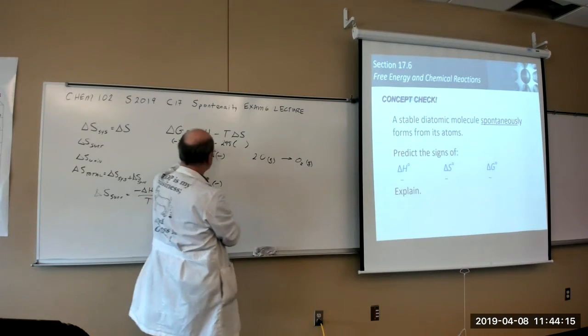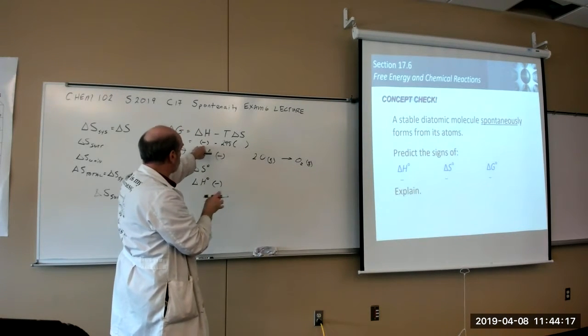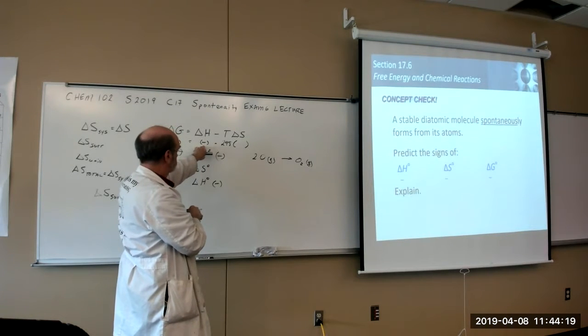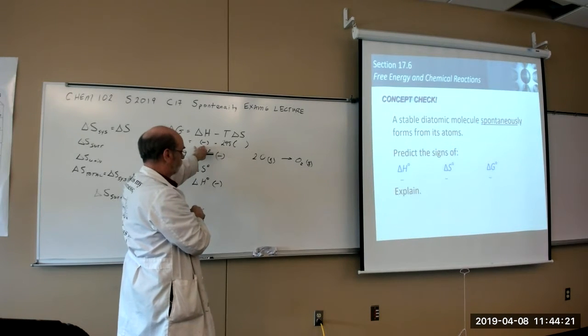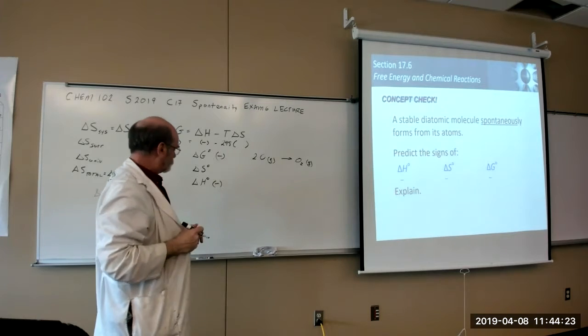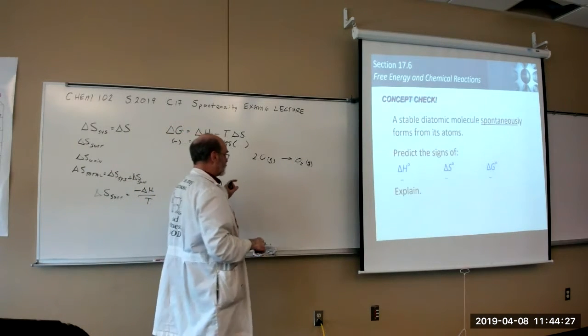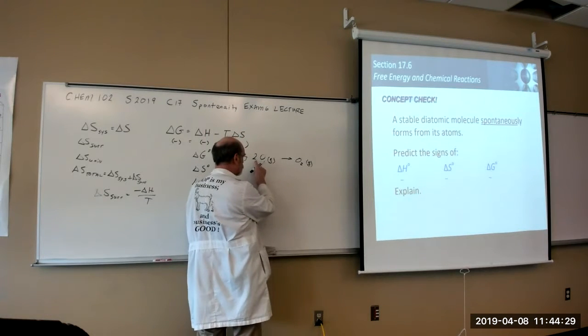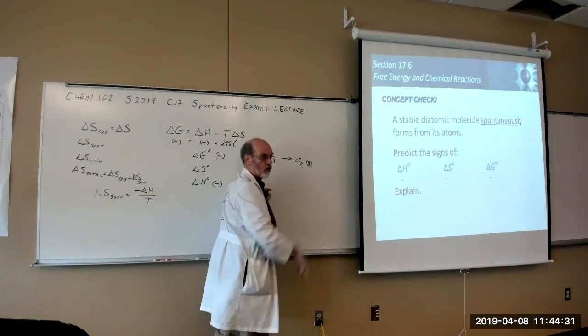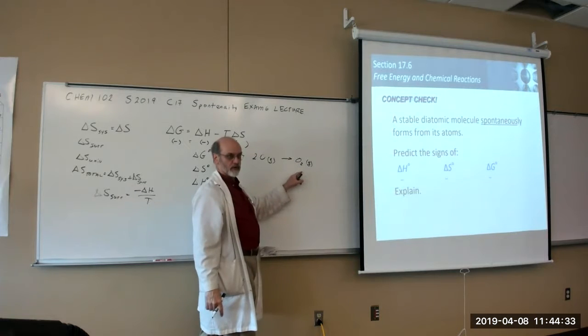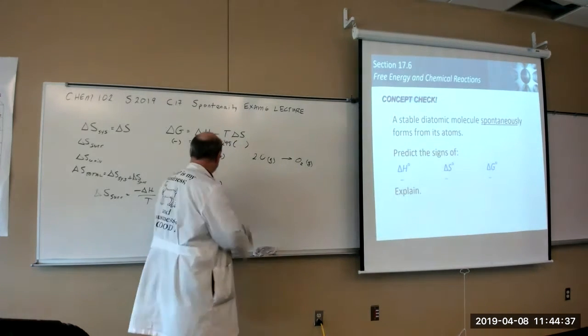Well, no, it doesn't have to be negative. It could be small positive. Delta S is negative because you're going from 2 moles to 1 mole. It's more ordered. That's why this one is negative.